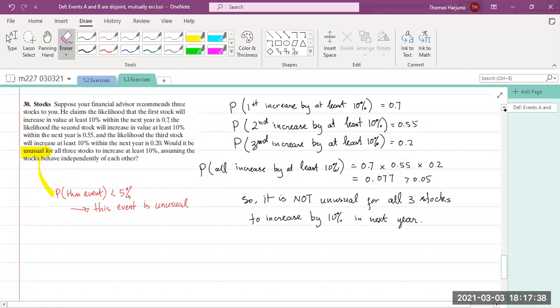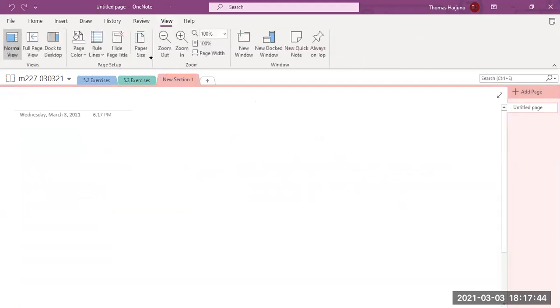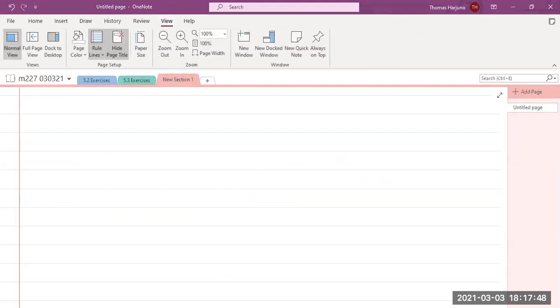Okay, now that's for our 5.2 and 5.3 exercise. Let's do some more questions from my old test. I think I have a couple more questions I would like to go over with you from my old test. I forget which test I went over last time. Let me check my notes.